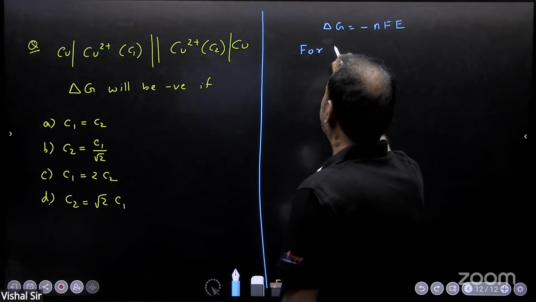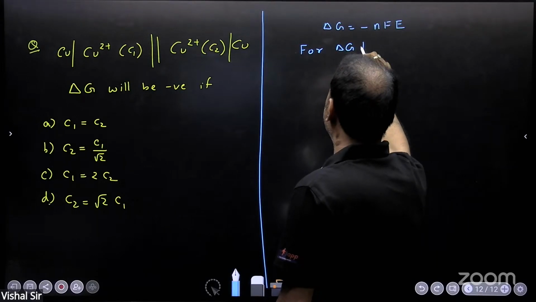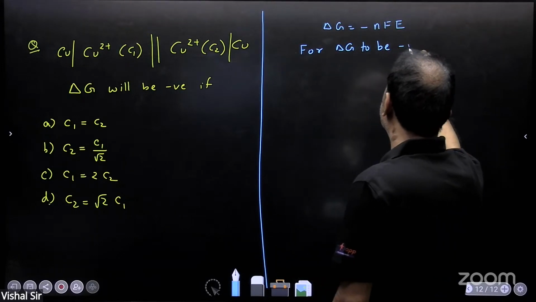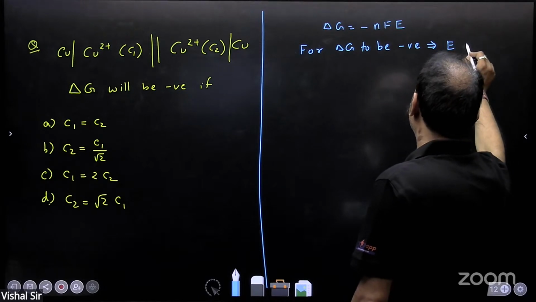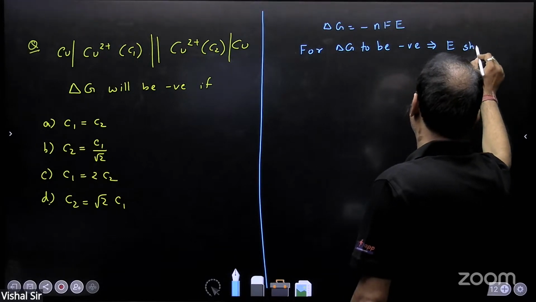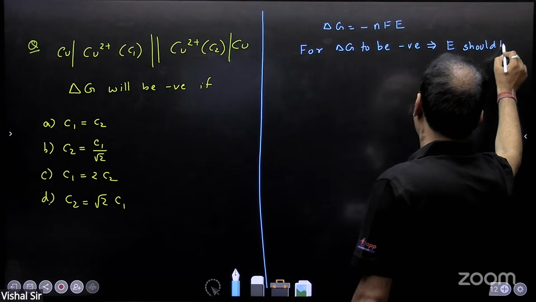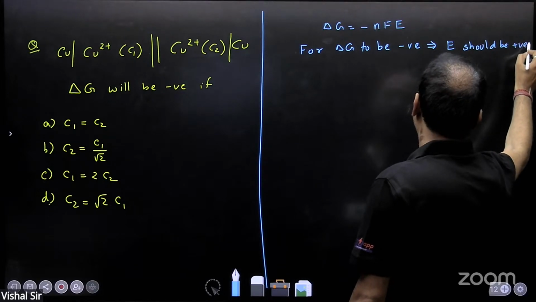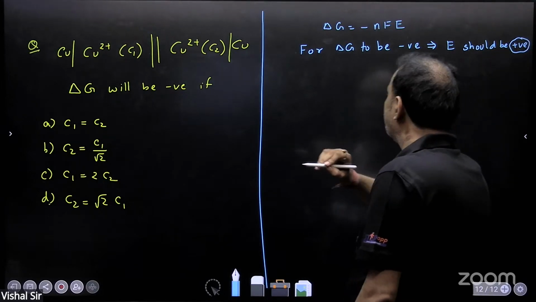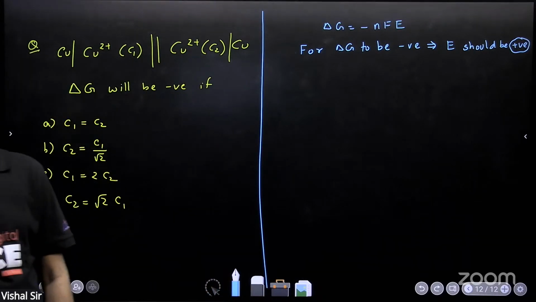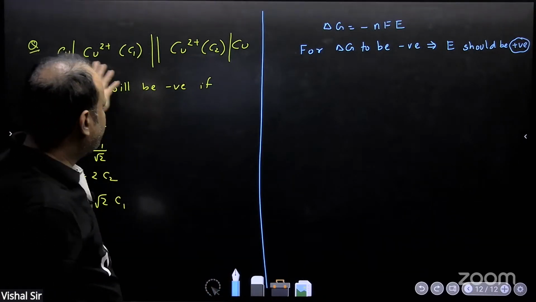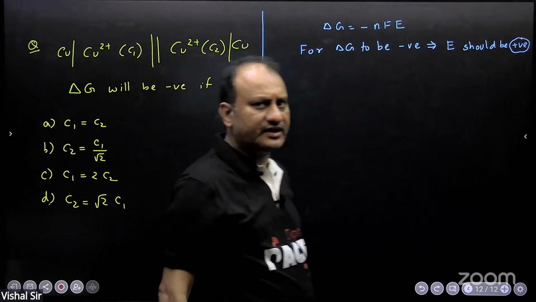So for delta G to be negative, E should be positive. So let's see under which condition E of this will be positive.